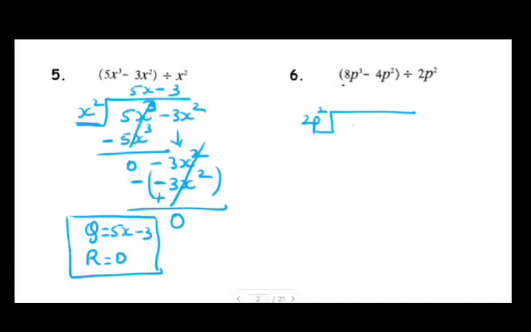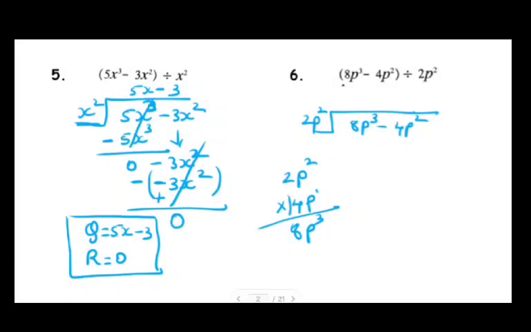2p squared, 8p cubed minus 4p squared. So 2p square multiplied by 4, 4 2s are 8. Multiply this p with the p square, the index add up and it makes it p cube.